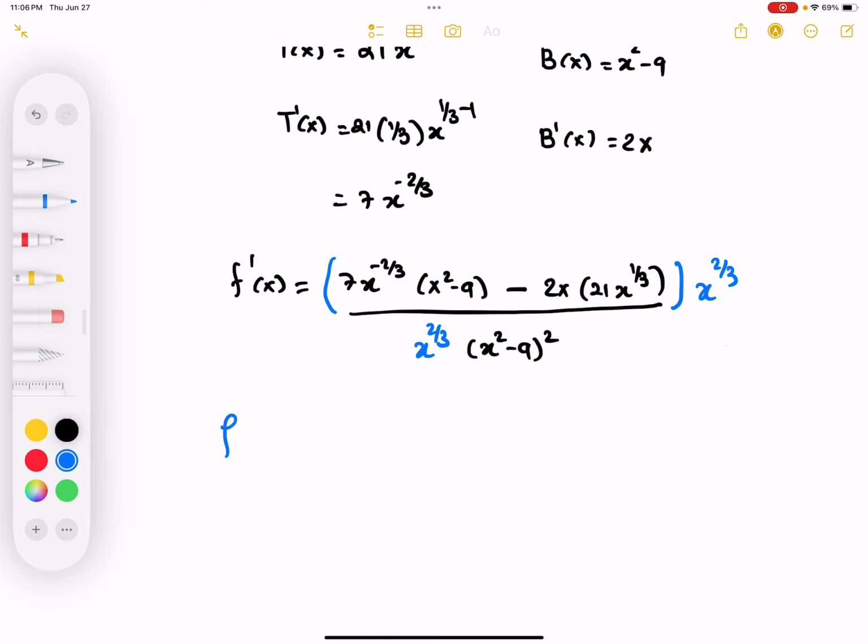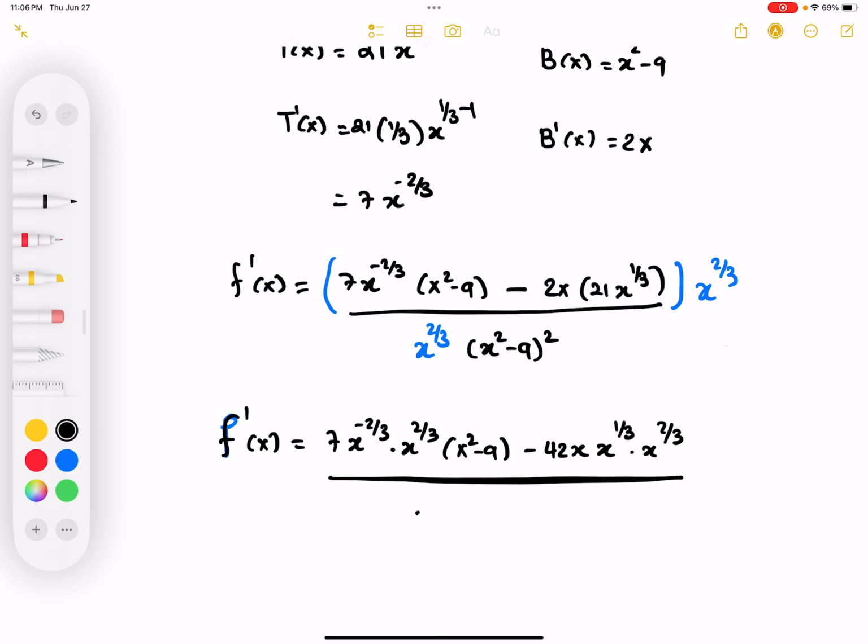So let's see. The derivative at x: 7x^(-2/3) times x^(2/3) times (x squared minus 9). The second one is 42x times x^(1/3) times x^(2/3), divided by x^(2/3) times (x squared minus 9) the whole squared.